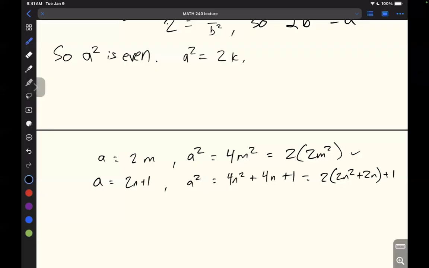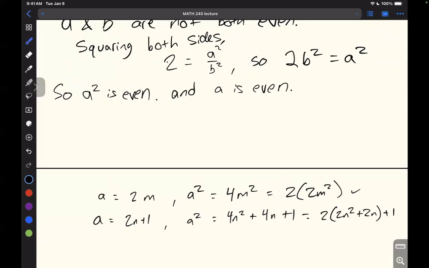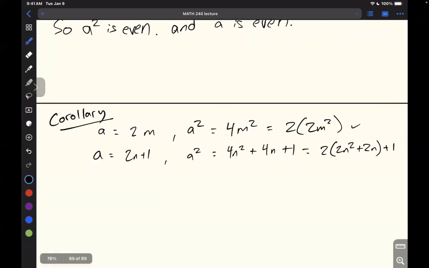And so if we're able to show, as a side note, that if a is even, then its square is even. If a is odd, then its square is odd. Then by using that result, we can say that a is even. So this is a corollary.